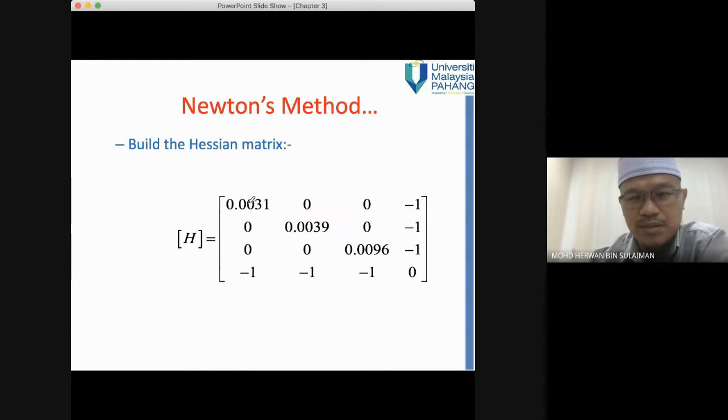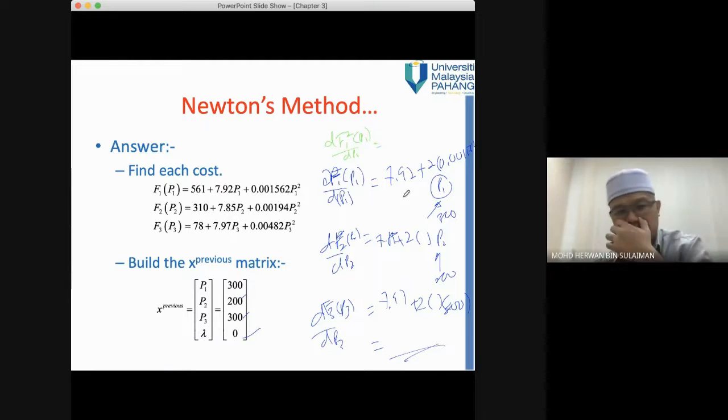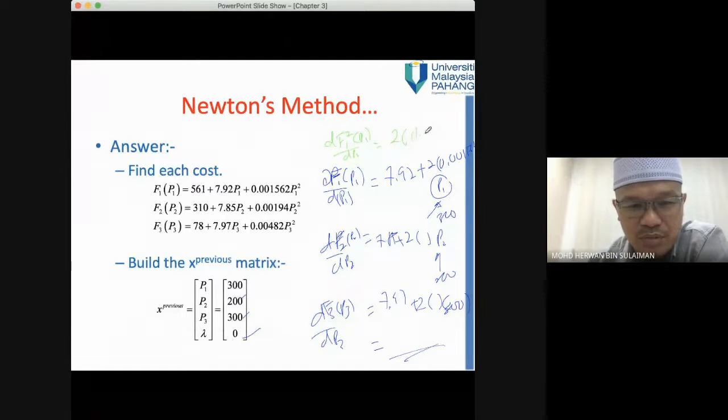So next, build the Hessian matrix. We'll build the Hessian matrix yang ni lah. So your Hessian matrix d²F1 P1 over dP1². So bezakan, you beza sekali lagi, you dapat this value je kan, 2 darab dengan 0.001562.